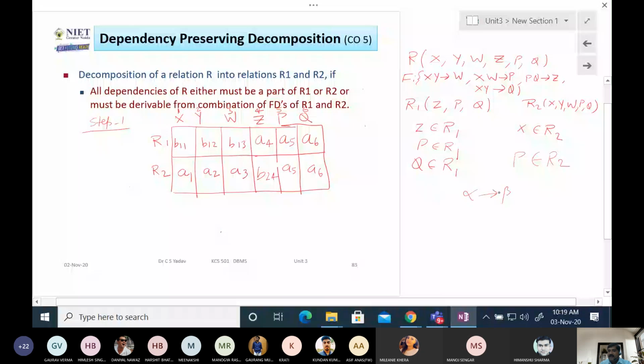If on the right-hand side there is a distinguishing element in one row and a non-distinguished element B in another row, then we will replace B by the A symbol, and we will repeat this process until no changes occur. And if in the end any of the rows contains all A's, then your decomposition is lossless, otherwise lossy. Did you get it?